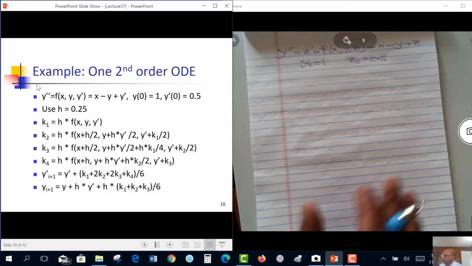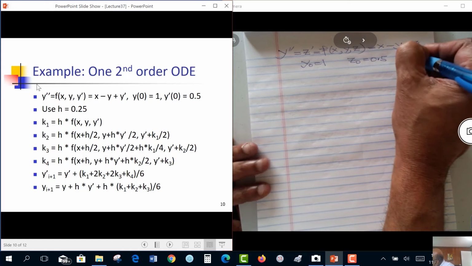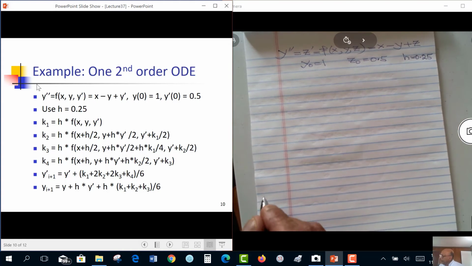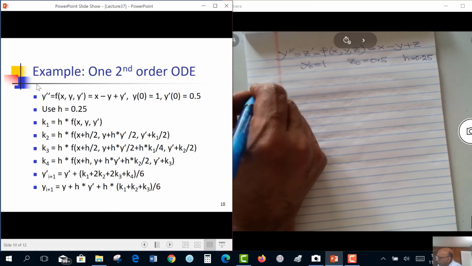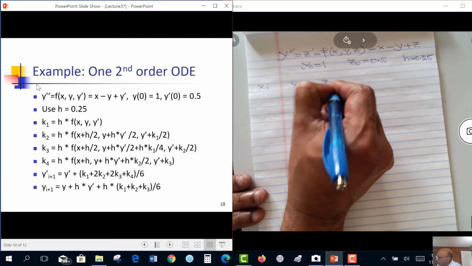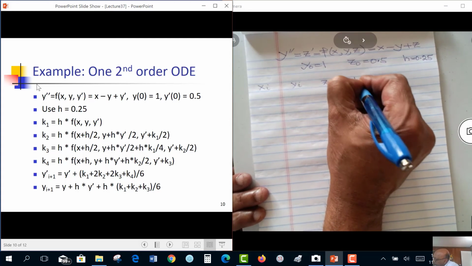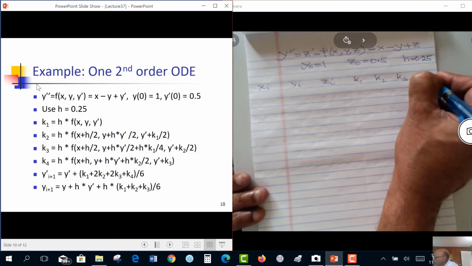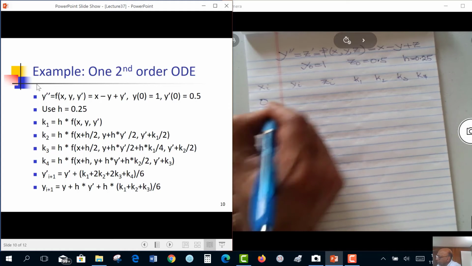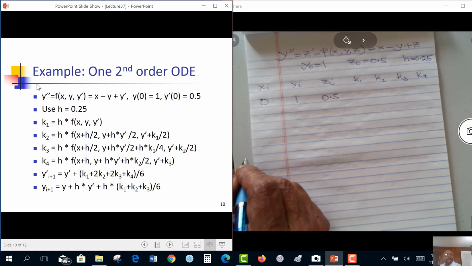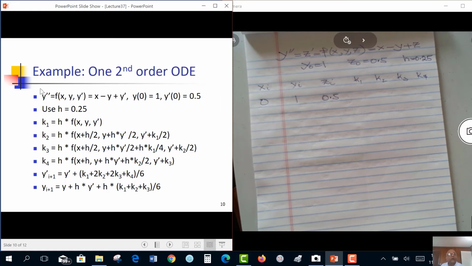We are going to use h is equal to 0.25. So obviously we are going to build a table, xi, yi, zi, and then we will need k1, k2, k3, k4. Well, at x is equal to 0, y is 1, z is 0.5.